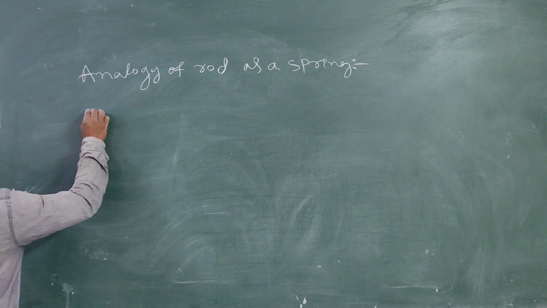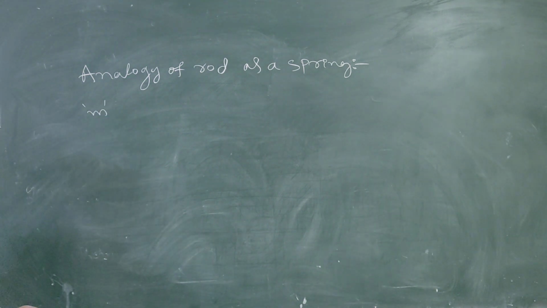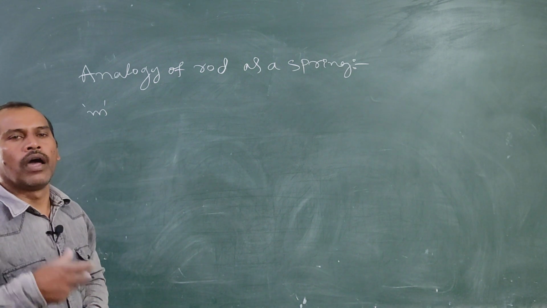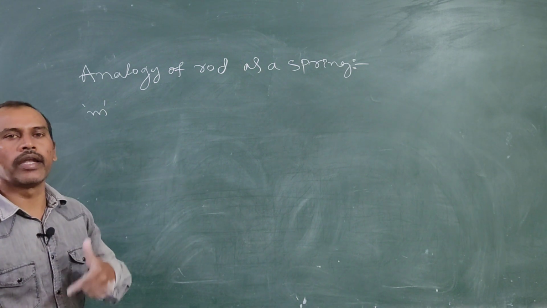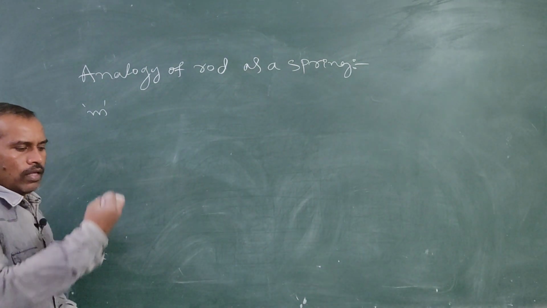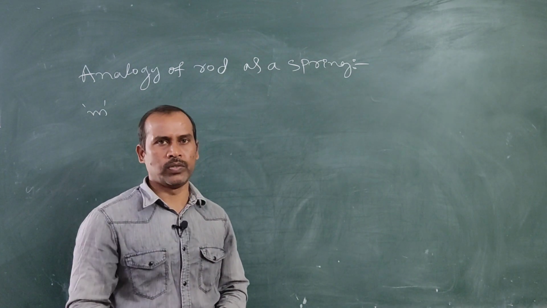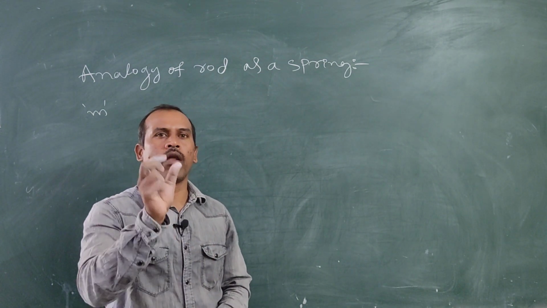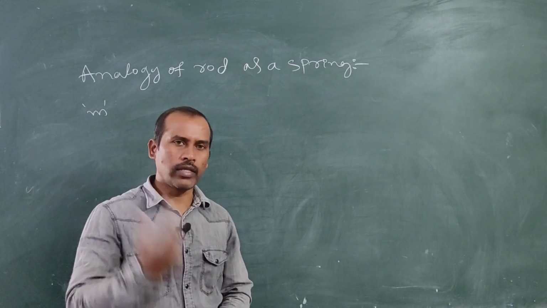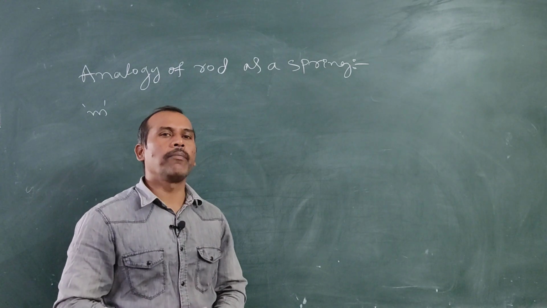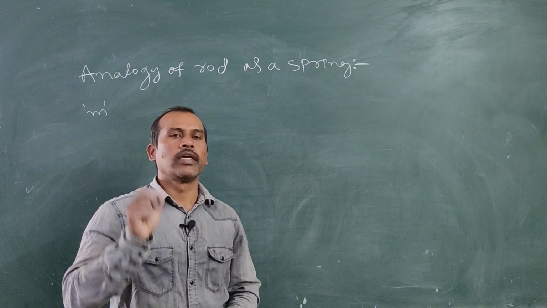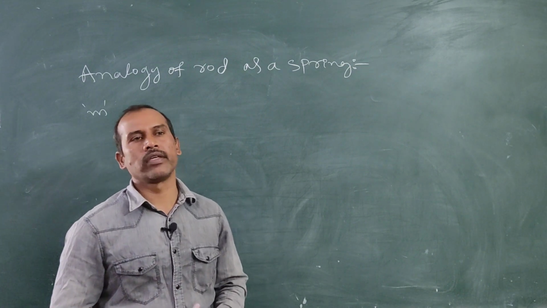A mass m is attached to the end of the rod, and this mass is slightly stretched and released. Now find the time period of the rod. Here Y is the Young's modulus.